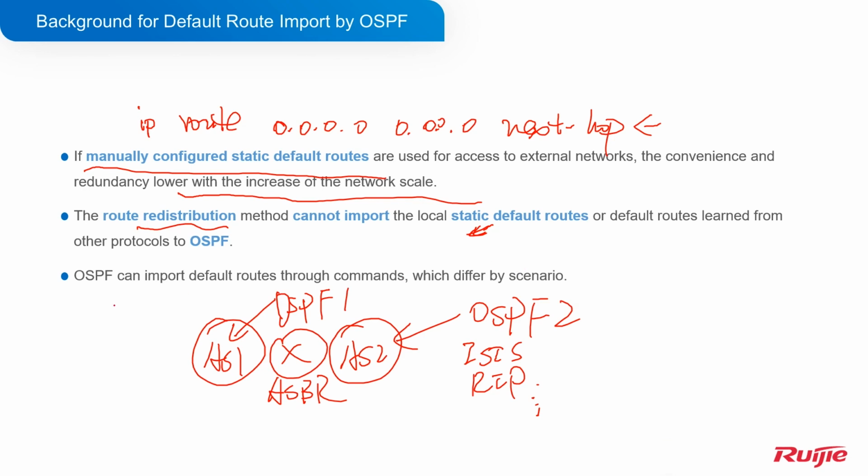Okay, and next, OSPF can import default routes through commands which differ by scenarios. In OSPF we have many scenarios, and we will use different commands like default-information originate, default-information originate always, or no-summary.